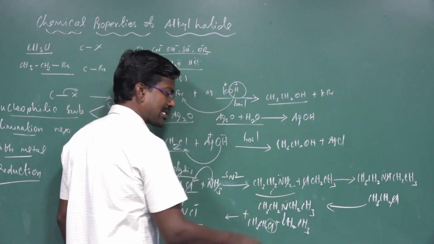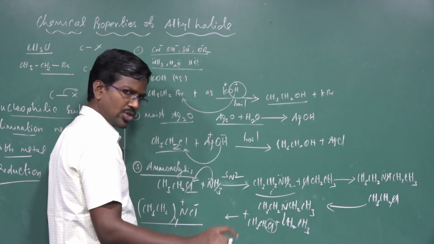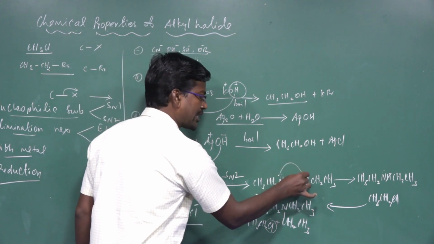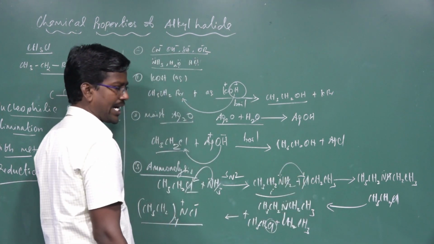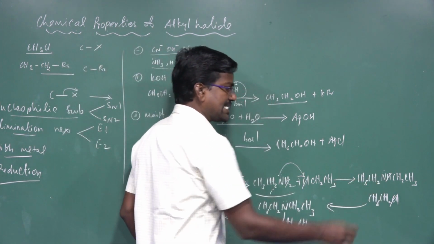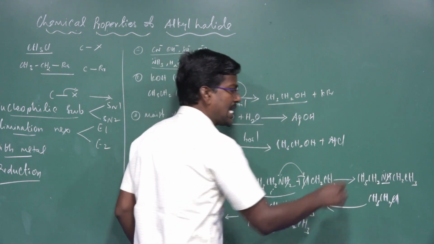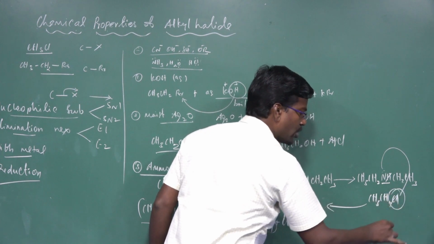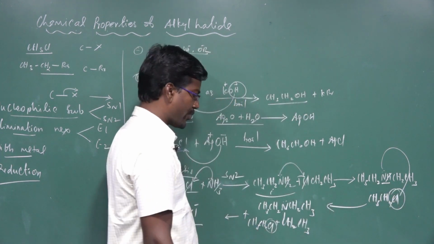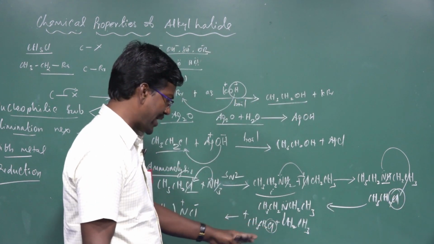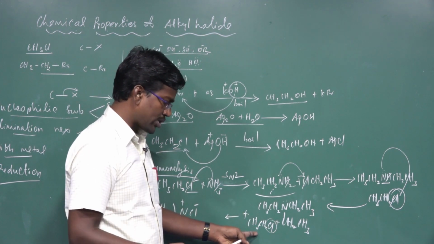Another one, ethylamine, CH3CH2NH2, contains nitrogen possessing a lone pair of electrons and acts as a nucleophile. That nucleophile substitutes in the place of chlorine in ethyl chloride to form a secondary amine. The secondary amine contains nitrogen possessing a lone pair of electrons and acts as a nucleophile. That nucleophile substitutes in the place of chlorine in ethyl chloride to form a tertiary amine. The tertiary amine can combine with another mole of what?